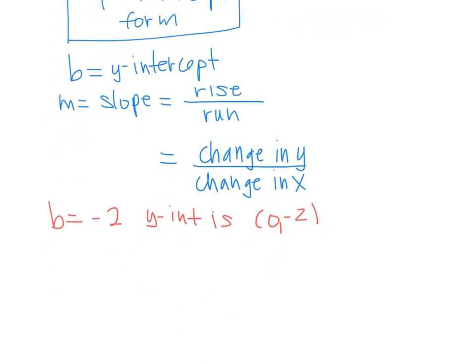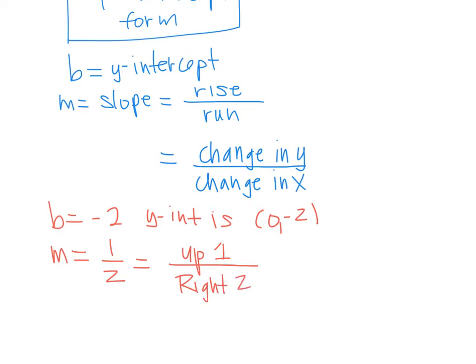And the slope, m, is 1/2. Using our definition of slope, the change in y is a positive 1, so we're going to go up 1. And 2 is the change in x. It's positive 2, so we're going to go in the positive direction, which is right.